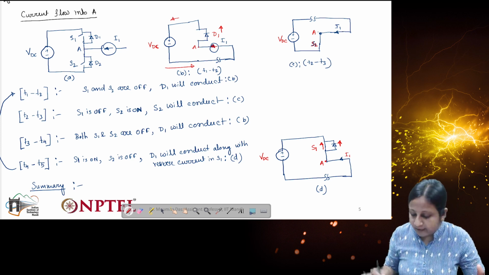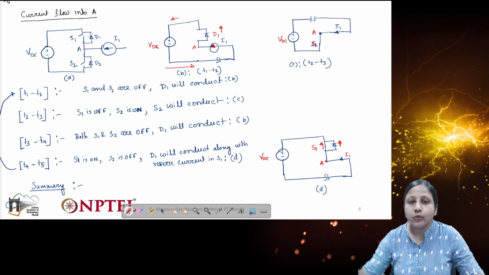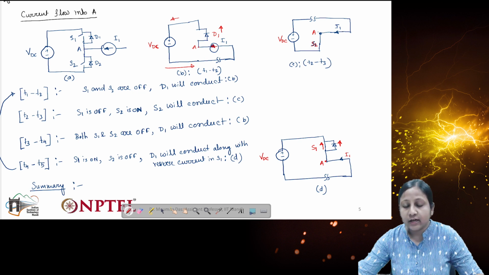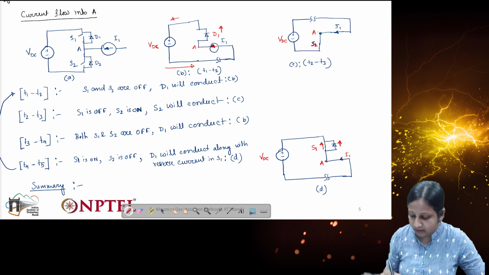If we are considering current flowing into the circuit, then the switch S2 and D1 are playing an important role. So basically these two devices are operating.